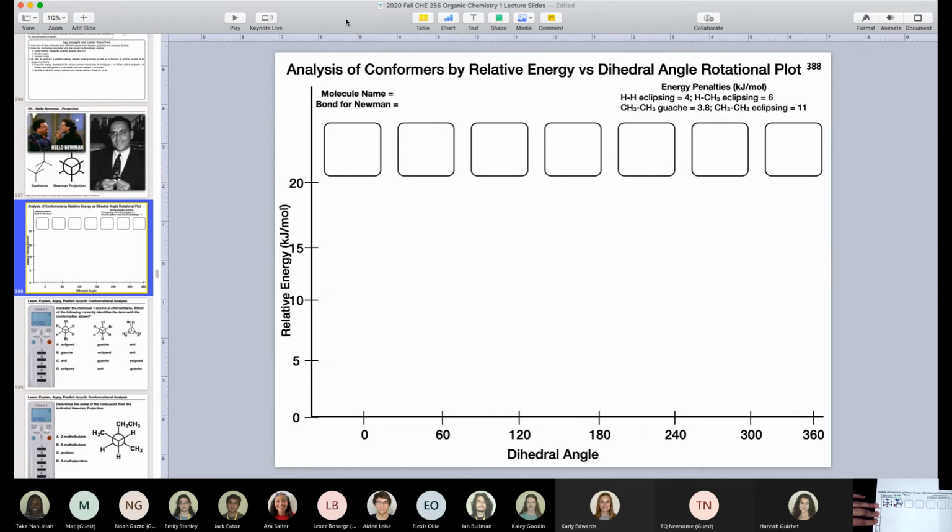So we're looking for eclipsing interactions: +6 for H-methyl, +4 for HH, and +6 for another, so 6 plus 4 is 10, plus 6 is 16. So let's start plotting that. For our staggered, we were at 0. When we rotated, we're at 16.